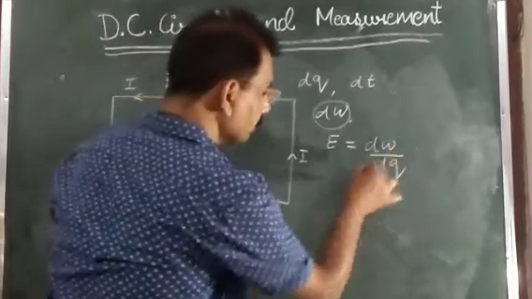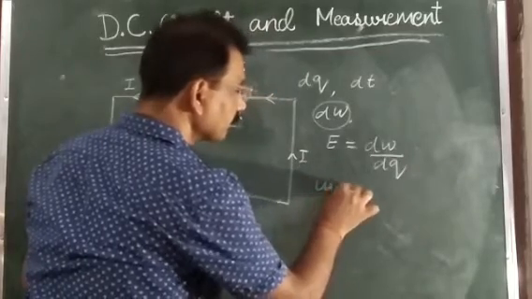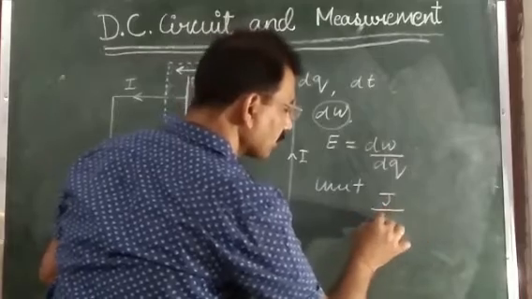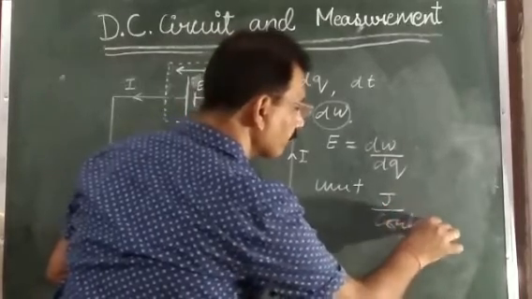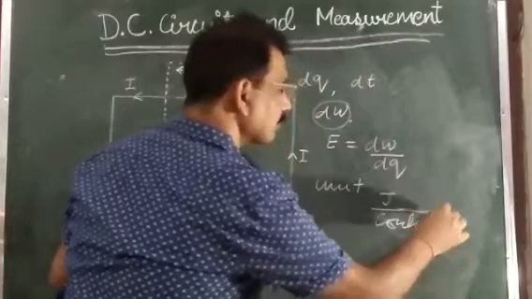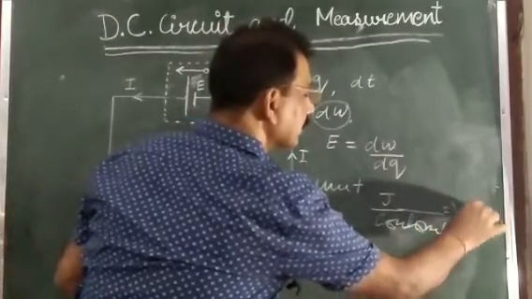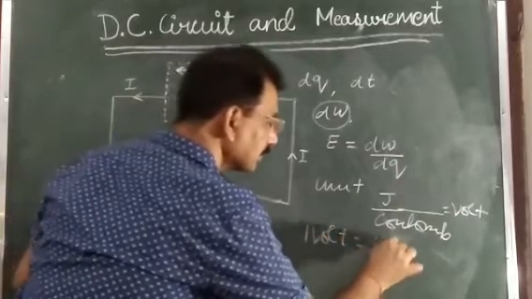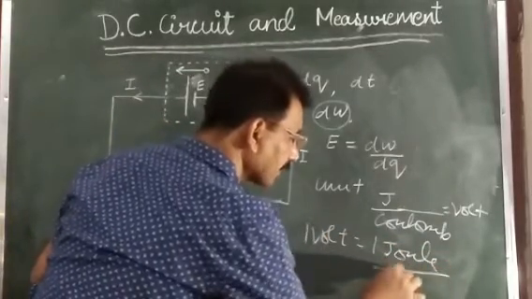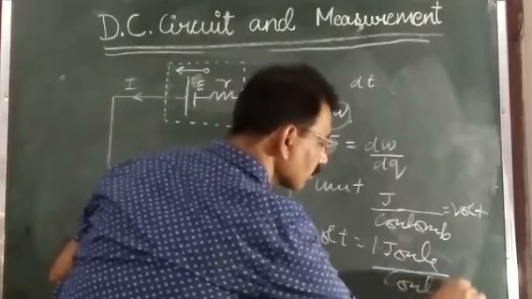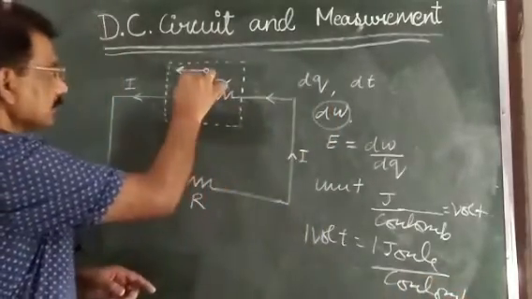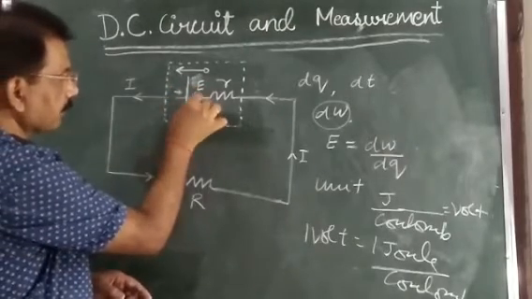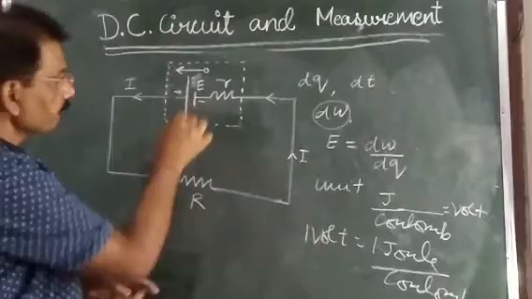Its unit is joule per coulomb, and joule per coulomb is also called volt. It means 1 volt is equal to 1 joule per coulomb. This is the positive terminal and this is the negative terminal, as you know, the longer line is positive and this one is negative.